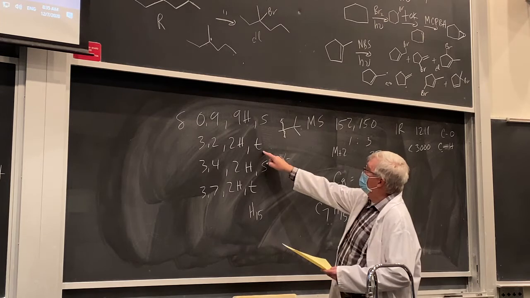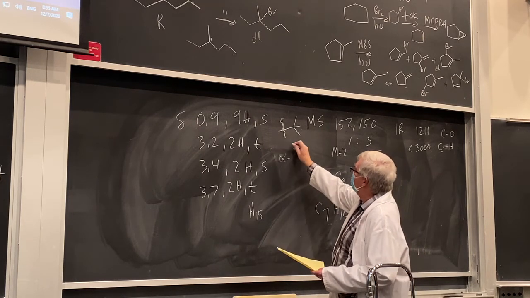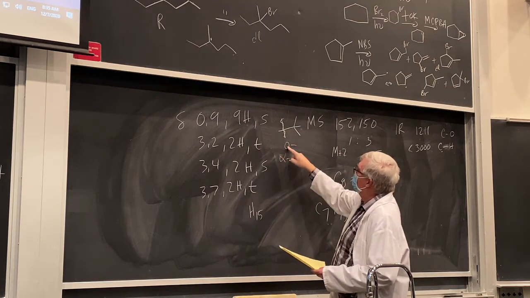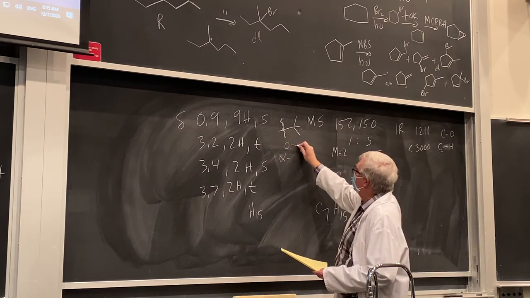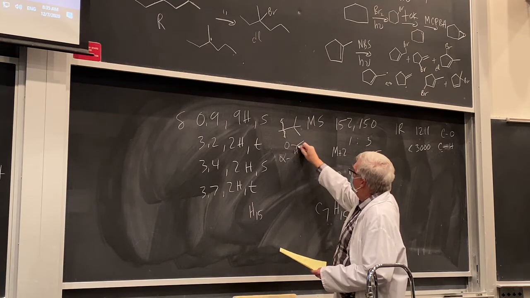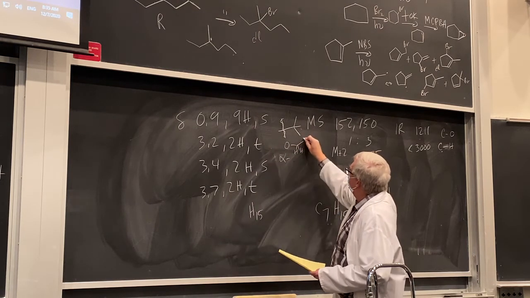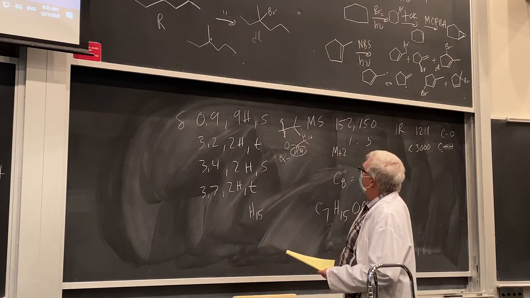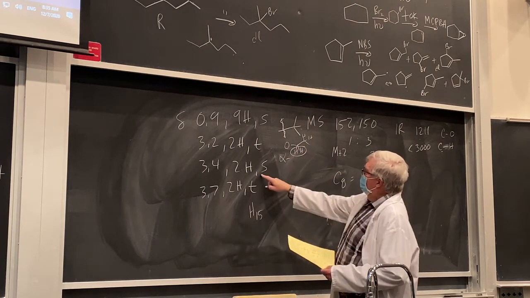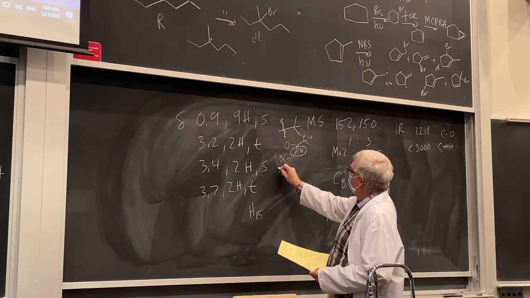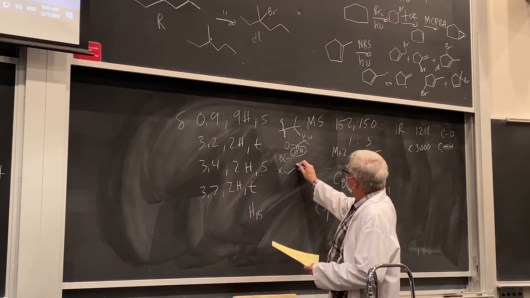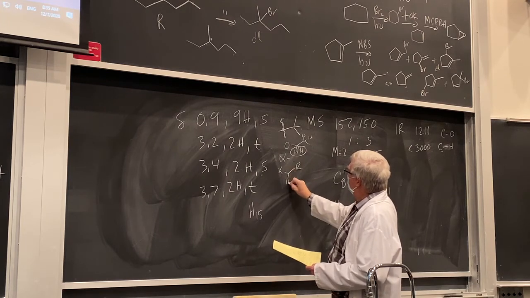And then alpha here with a triplet. So that's going to be next door to either an oxygen or a chloride. And it's going to have the 2 hydrogens here. But if it's a triplet, it's going to have 2 neighbors there. Okay. So that's going to be something like that. And then here, it's going to mean alpha to some sort of heteroatom. And then something with no neighbors on it.